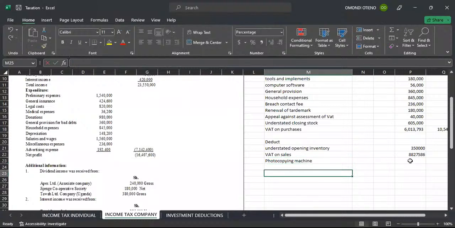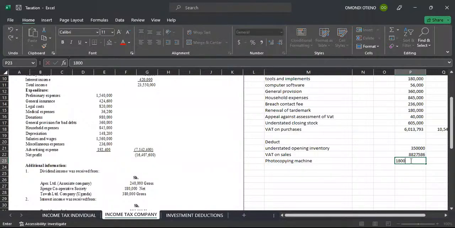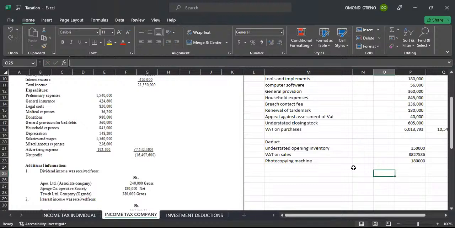Of what amount? 180,000. So that is the value of the photocopying machine.